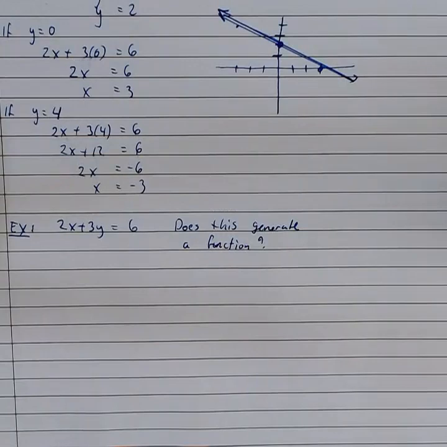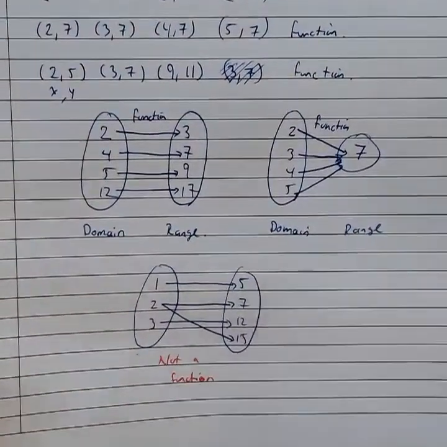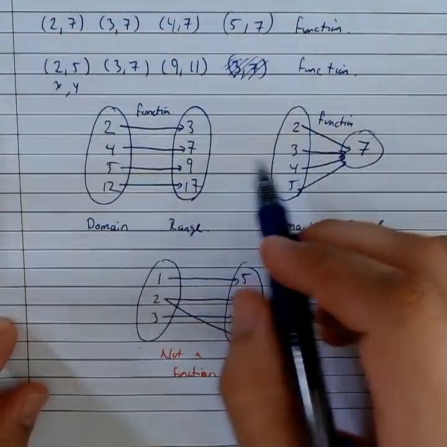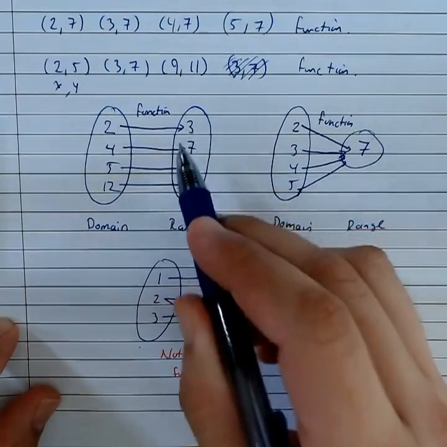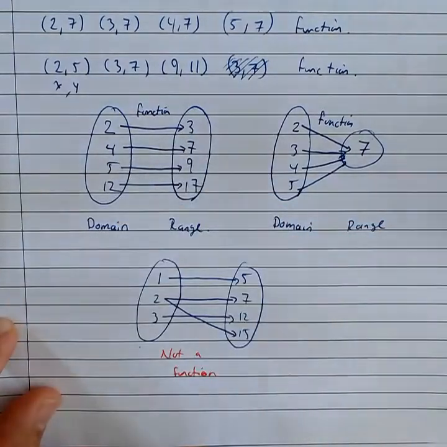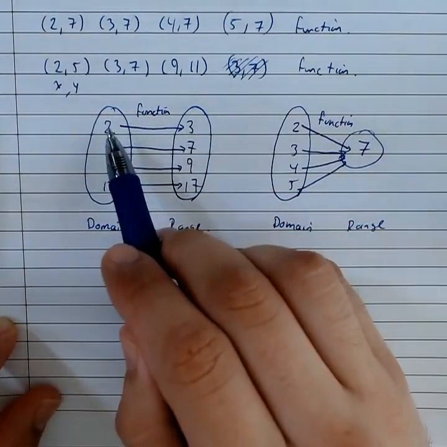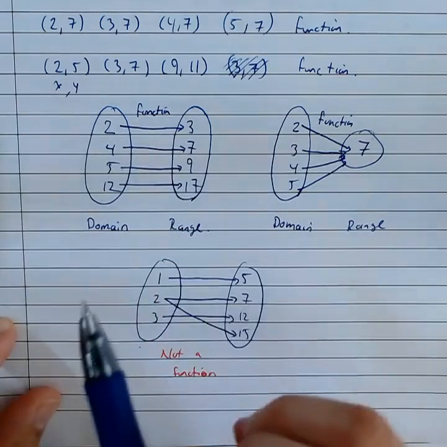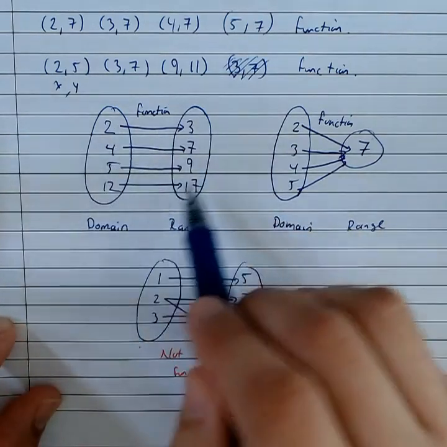Well, going back to what we meant by a function, and in particular this illustration down here, whenever you have a function, your y value has to be determined by your x value. Once I know what x is, I automatically know what y is. That's true for all of these x's and y's.